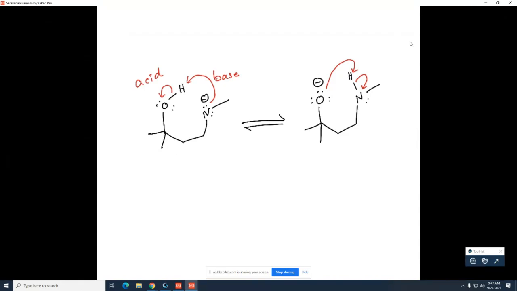Now, you can use your A or I O factor to predict the direction of equilibrium. What direction is more favorable, forward or backward? Forward, right? Negative charge on oxygen is more stable.